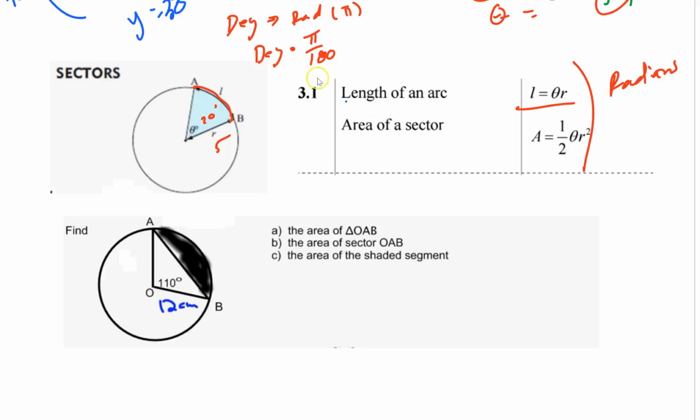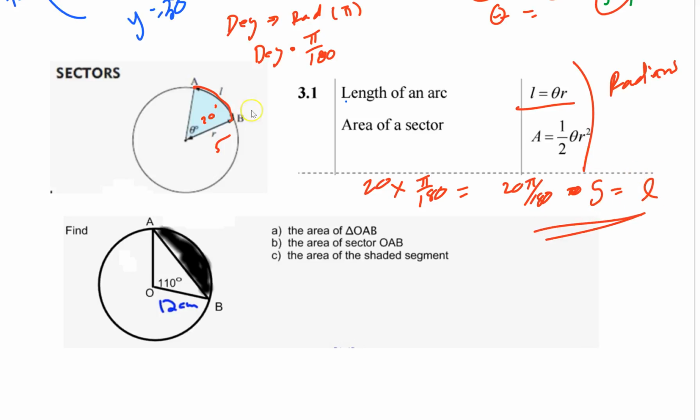If I was going the other way around, the pi would be on the bottom. But you want radians from degrees, so pi is on top. So this will just be 20 times pi over 180, equals 20 pi over 180. You can reduce that, but times that by your radius 5, and you get your arc length.